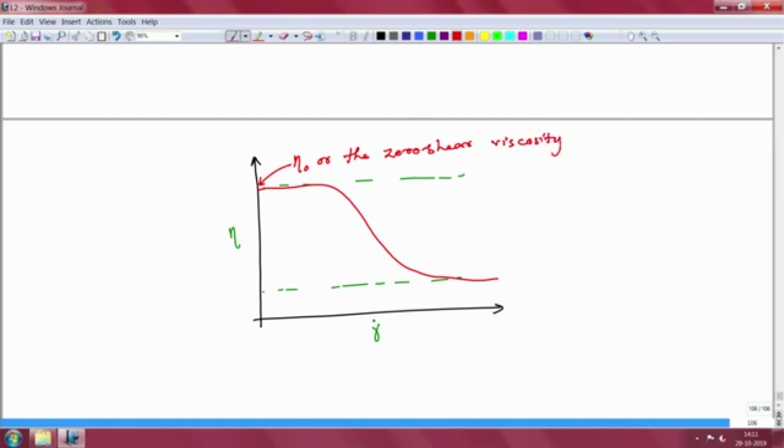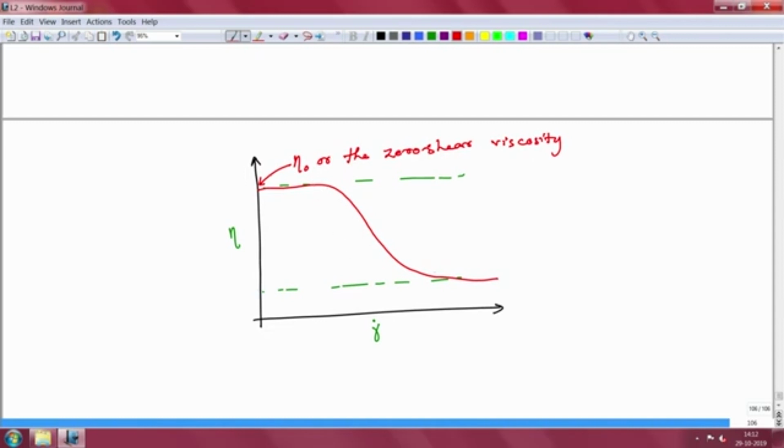So, in this model you have an initial part of the graph which behaves almost in a Newtonian fashion, and then the viscosity decreases with shear rate very quickly. In this graph, eta naught is the zero shear viscosity, and the viscosity is more or less constant with respect to shear rate in the beginning.